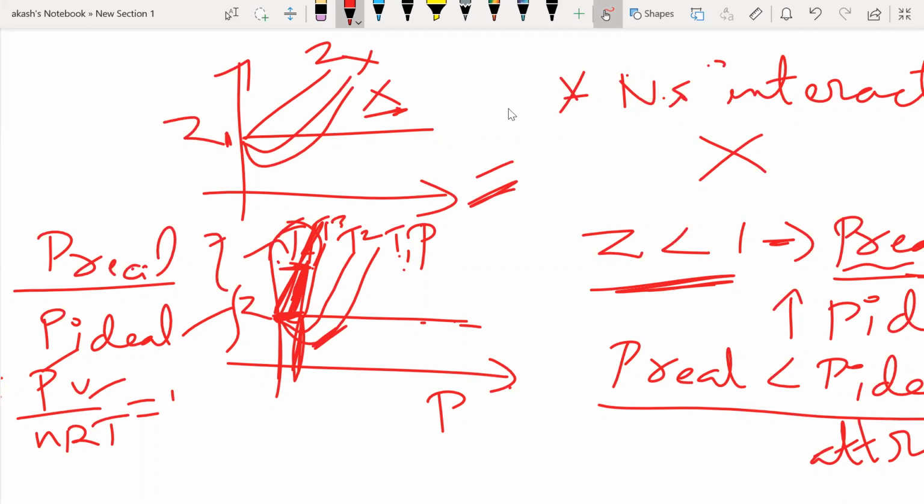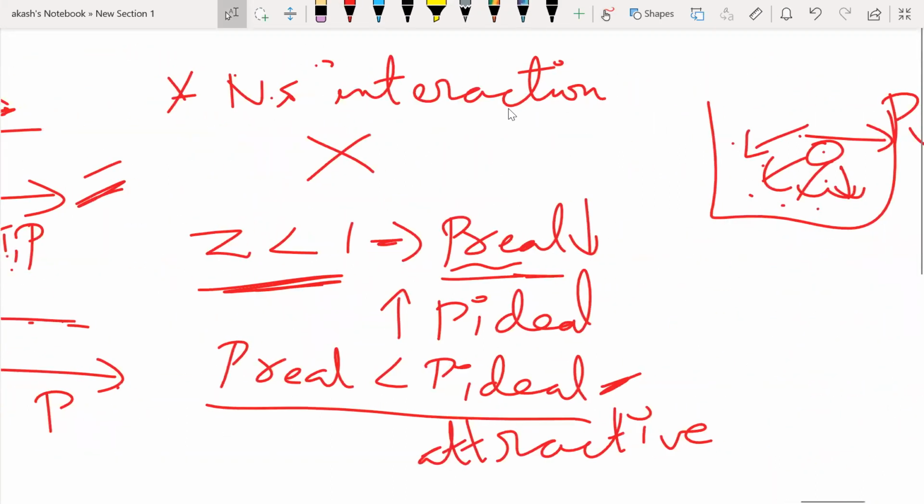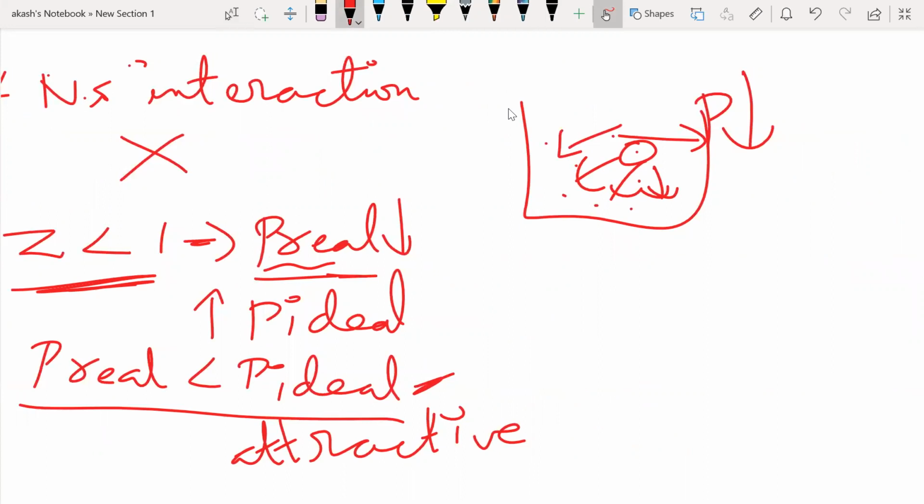Now I will take the other case, when I have repulsive forces. There's a gas molecule and everybody is pushing it. You are already trying to move and someone is giving you extra force of pushing you, so obviously the pressure with which you will hit the walls of the container will be really high.